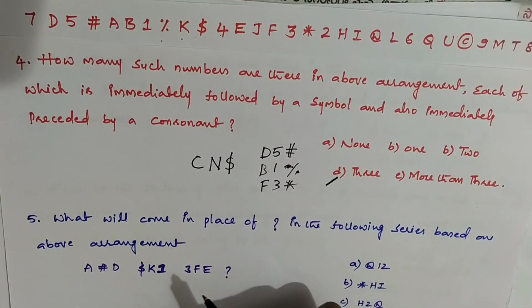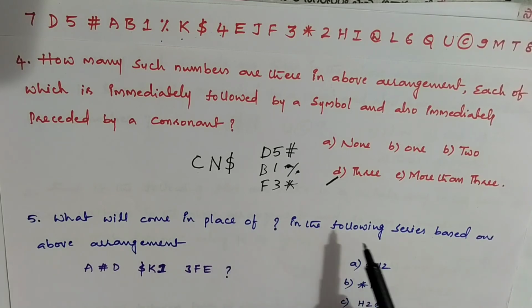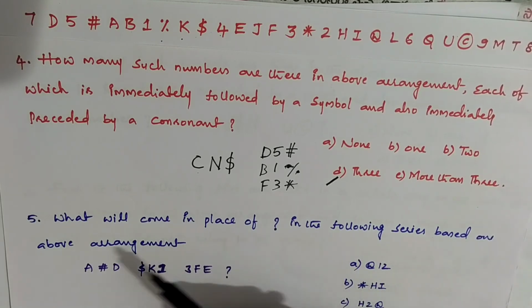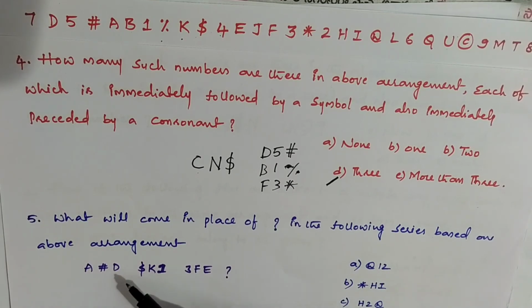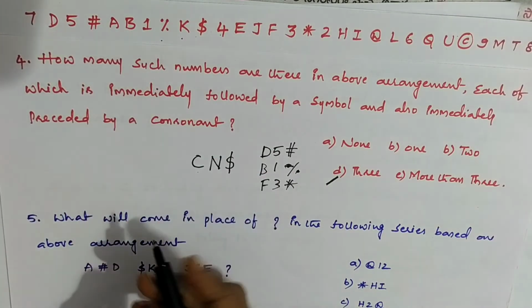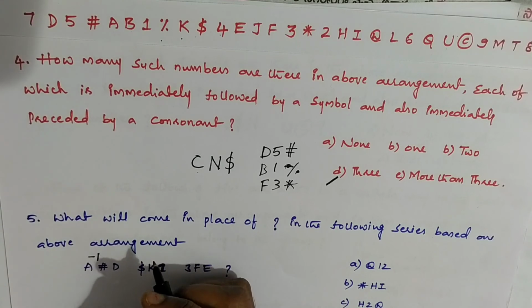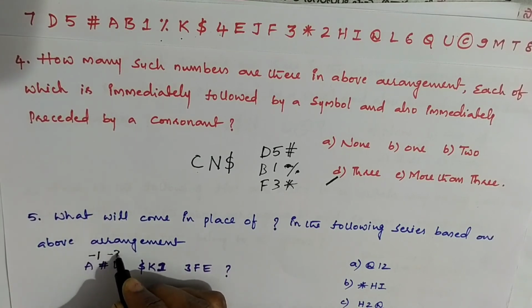Okay. Next question. What will come in place of question mark in the following series based on the above arrangement? A hash D. Here A2 hash minus 1 and A2D minus 3.